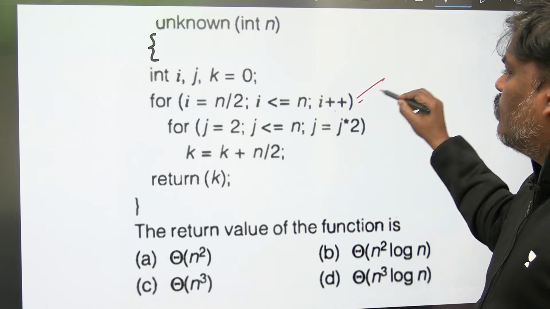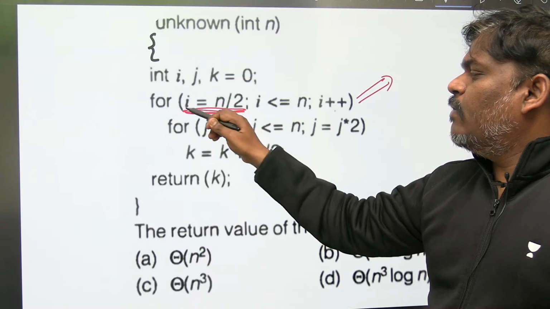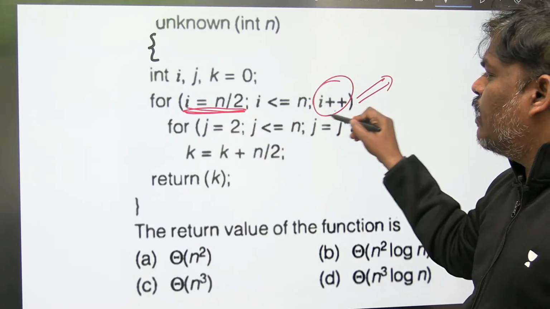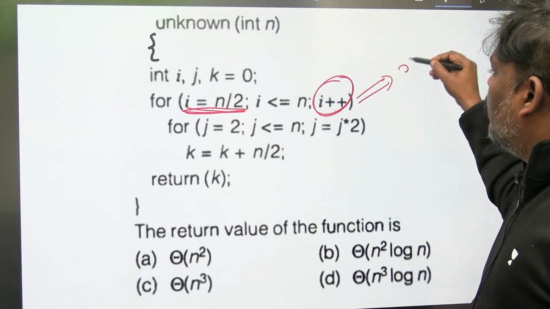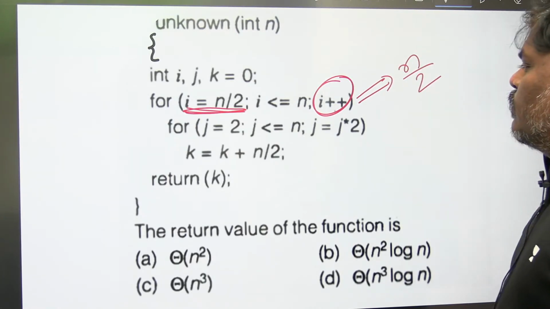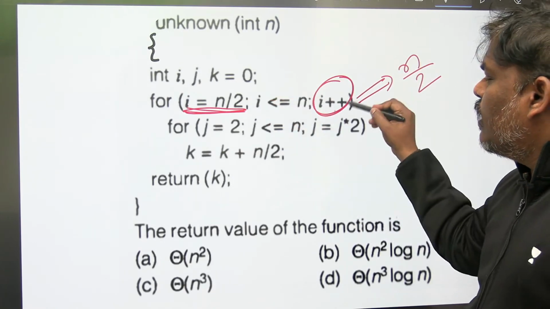Look at this loop. i starts from n by 2, and i is always incrementing by 1: plus 1, plus 1, plus 1. It will repeat n by 2 times. The starting point is n by 2 and every time it increments by 1.